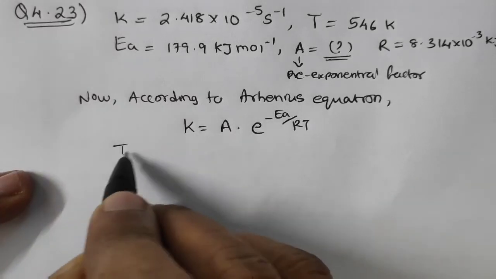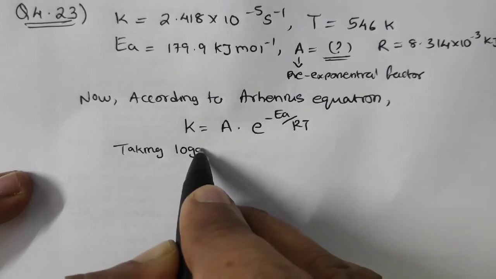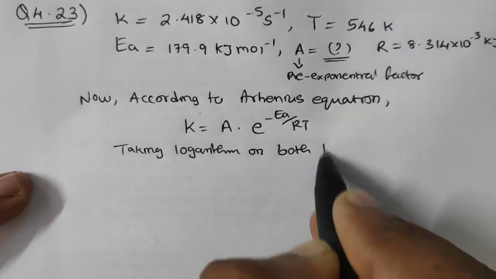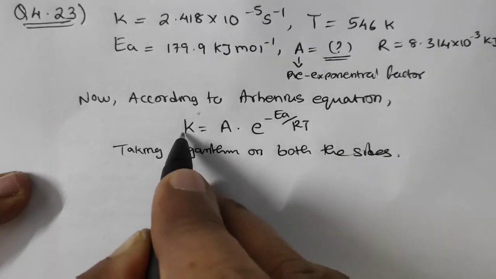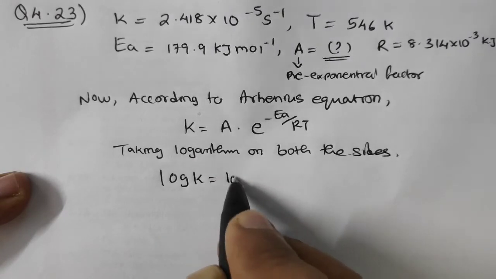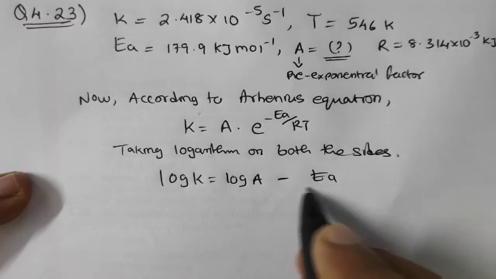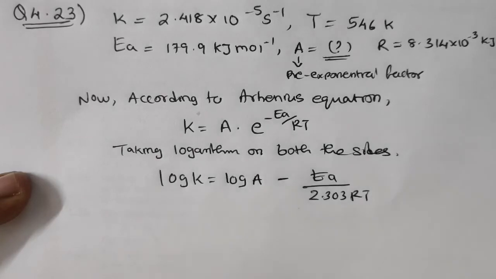Now taking logarithm on both the sides, what we have derived is log K is equal to log A minus EA upon 2.303 RT. This formula you should remember.